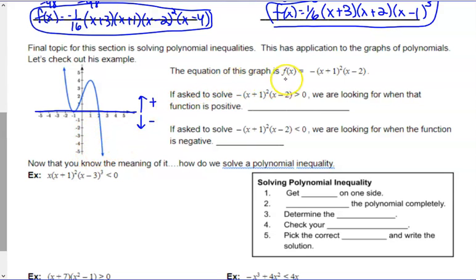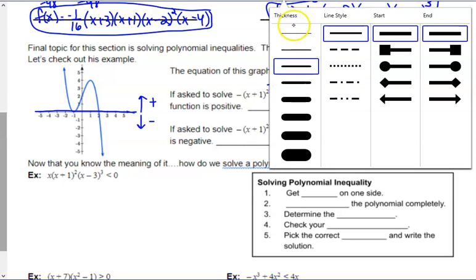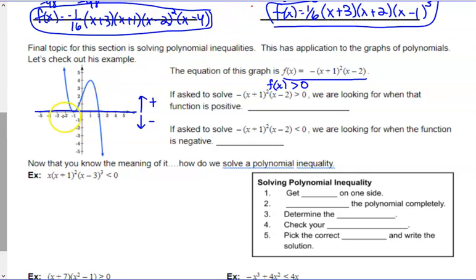All right, so here's the equation for our graph. It is negative, so it starts at the positive, comes down, goes negative. And if I ask to solve this inequality, where is f(x) greater than 0, that means we are looking for when that function is positive. All of this is in the positive region. Now, we're doing this in relation to the x-axis, and that's what makes it kind of tricky.